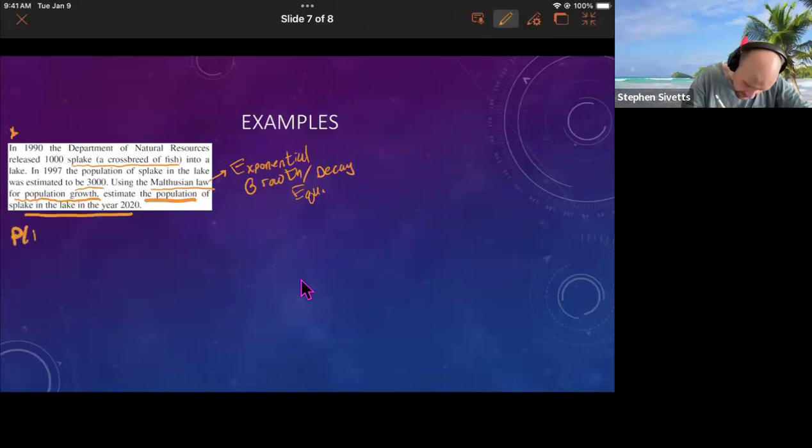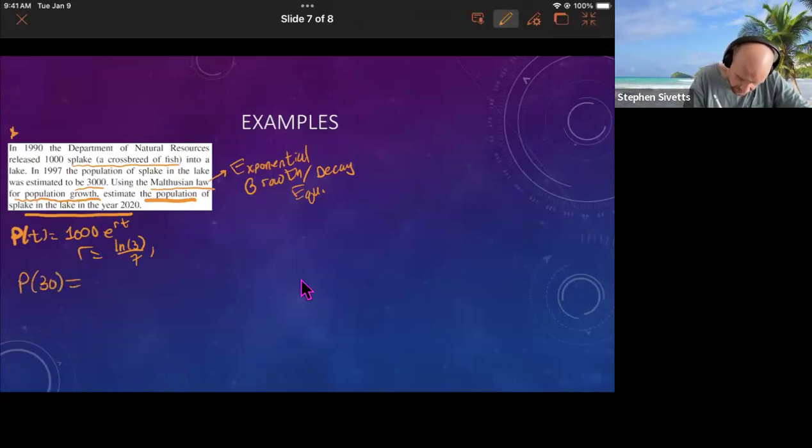You should get the general solution as 1,000 e to the RT, where R is equal to the natural log of 3 over 7. Right, you should get this. And then the population at 30 years, so this is the population in 2020.